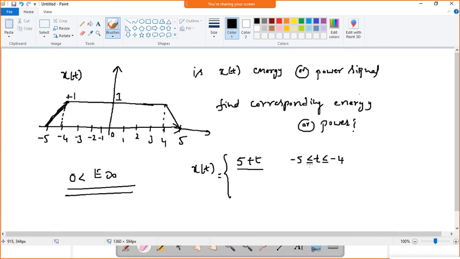This is the signal which will be represented. In a similar way, it is the decaying ramp.